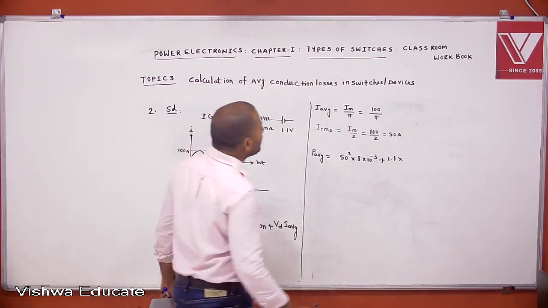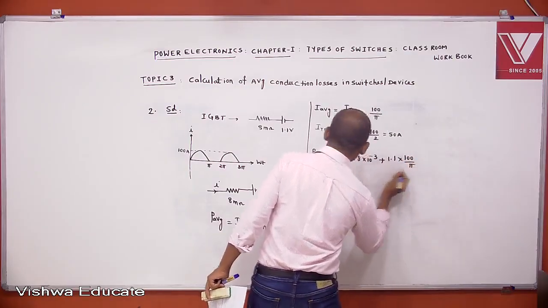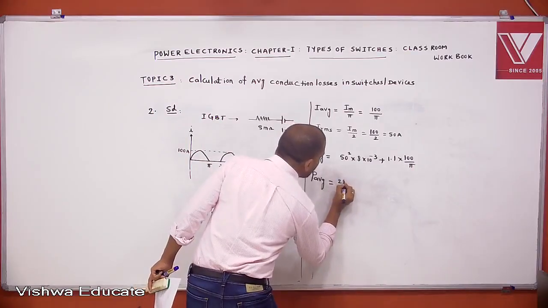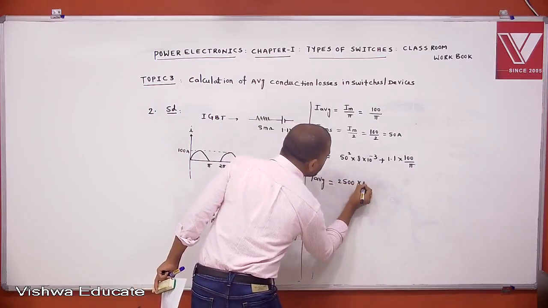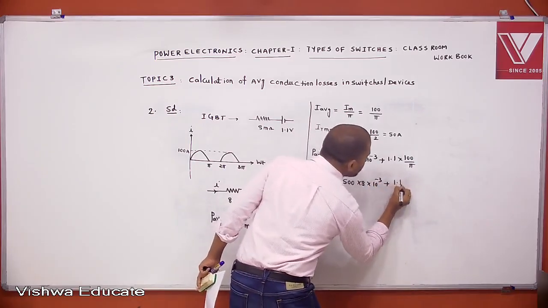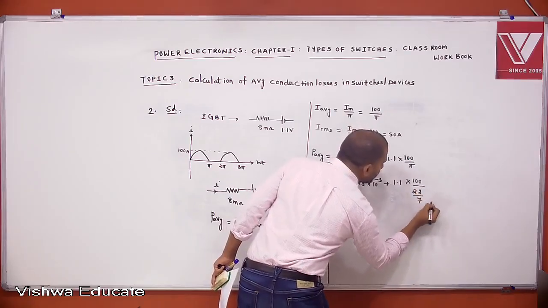What is I average? 100 by pi. Then what is the average power loss we can get? This is 2500 into 8 into 10 to the power of minus 3 plus 1.1 into 100 by pi. Simplify this, what do you get? 22 by 7.